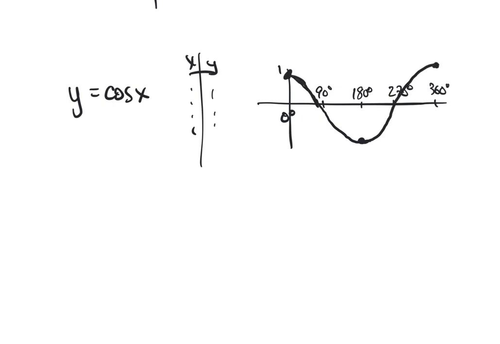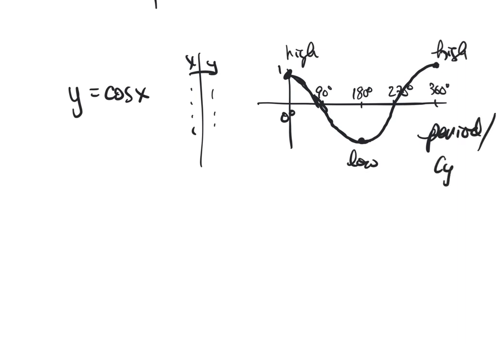So what's going to be true about a cosine curve is it normally starts at a high point, goes to its low point, and then finishes coming back to its high. So we normally call the complete cycle for a cosine a high to a high point. From one high point to the other high point is what we traditionally call a complete period or cycle.